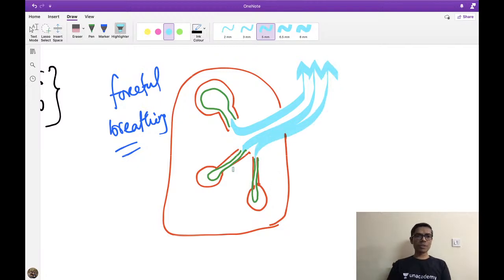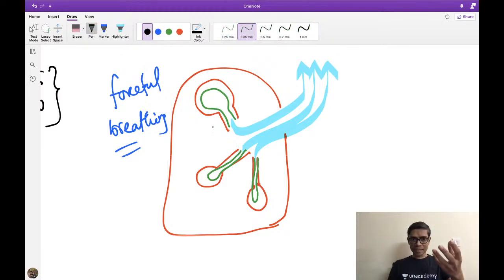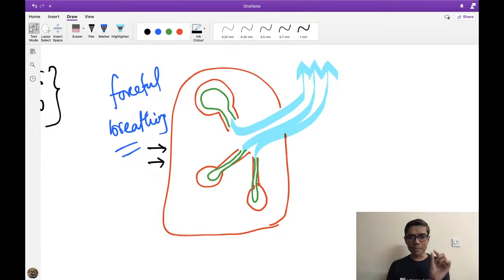But I can understand from here that whenever more and more air is going out of the lung because of this forceful breathing, the bronchiolar diameter as well as the diameter of the alveoli is reducing gradually. So all three alveoli, apical, middle part and basal level alveoli, are getting reduced in size, and the bronchiolar diameter is also reducing gradually.